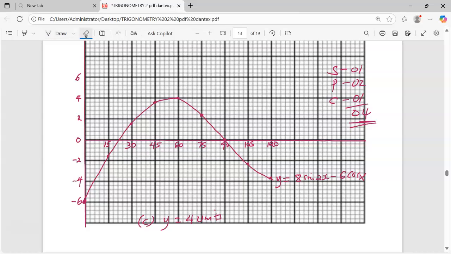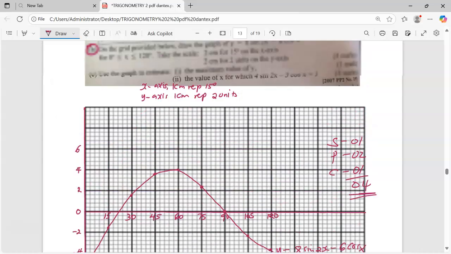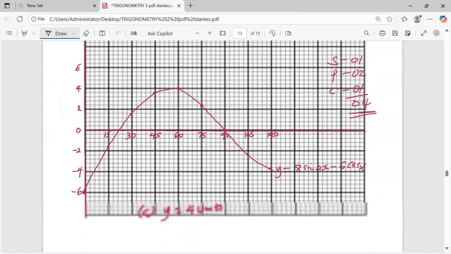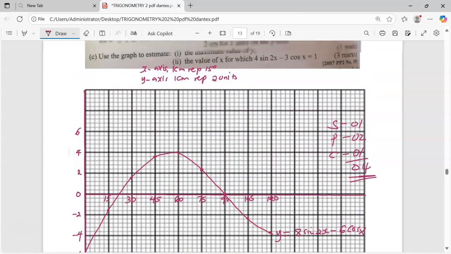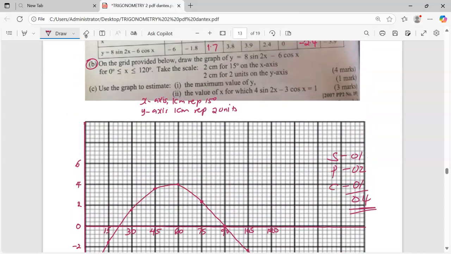Then from there we move to the next part, which is C Roman 2. In Roman 2 we are told to find the value of x for which 4 sin 2x minus 3 cos x is equal to 1.